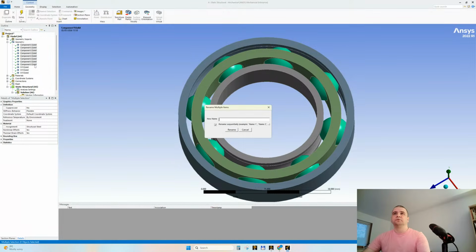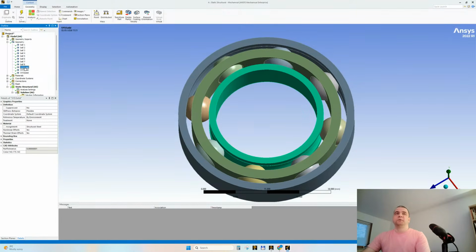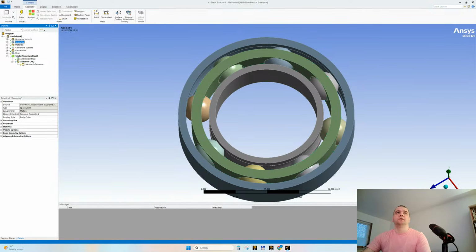F2, rename: ball. I like to call this one inner. This will be outer. This will be the cage. Everything is made of steel, we don't interfere there.